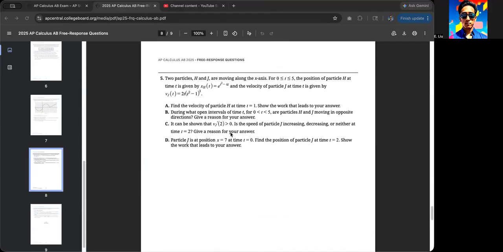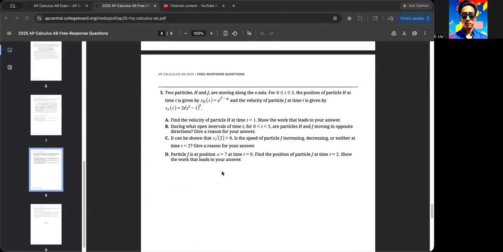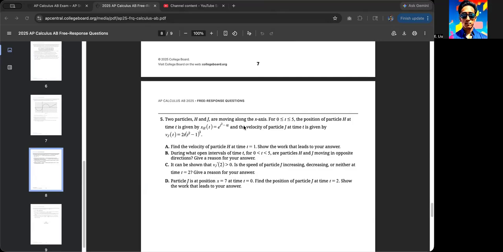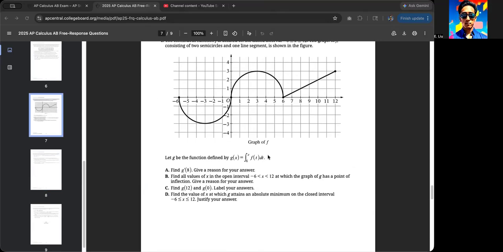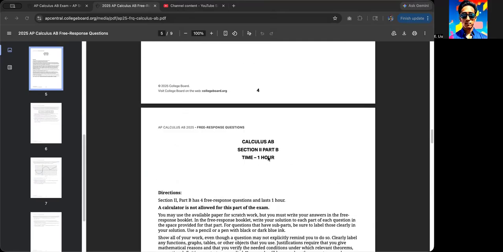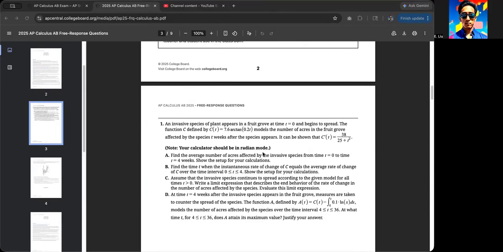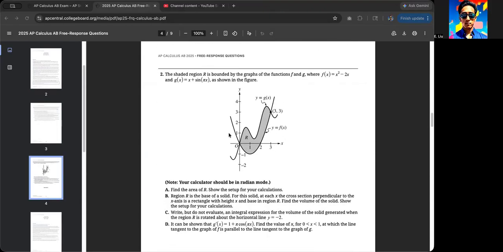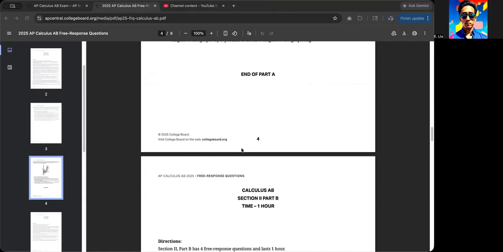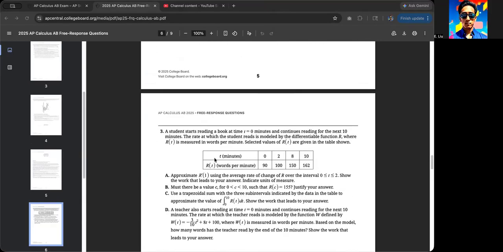I'm going to do a full review of this entire FRQ test from 2025. We'll actually evaluate these equations as well. But this introduction was basically to show you the setup of these problems. Again, you get functions, you get the graphs, and then you get data tables.